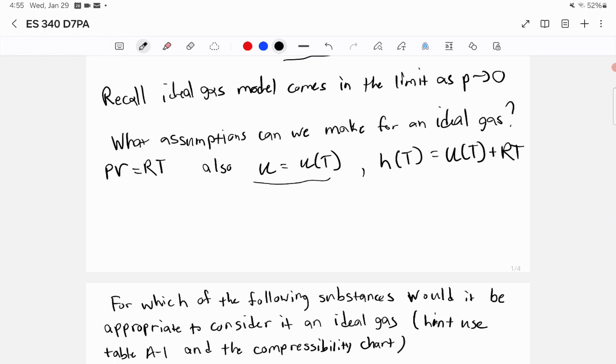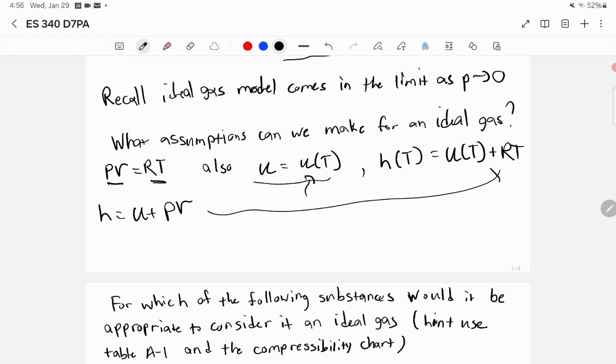Why is that? Well, first of all, we said we can take this to be U of T, but remember that H is equal to U plus PV, and PV is equal to RT. So this maps right back beautifully to this equation.